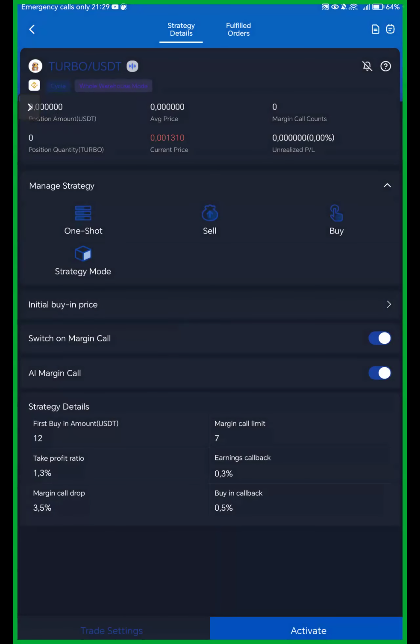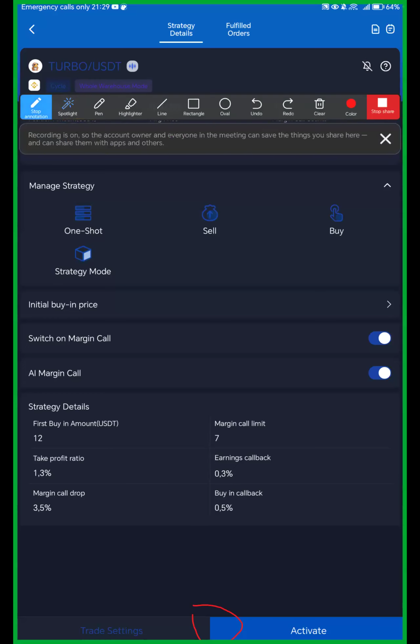Okay? So when you click activate, ladies and gentlemen, this is the last part now. When you click activate, let me use a pen. When you click activate here, the robot is not going to buy immediately. It will be in a waiting mode. Are we together?